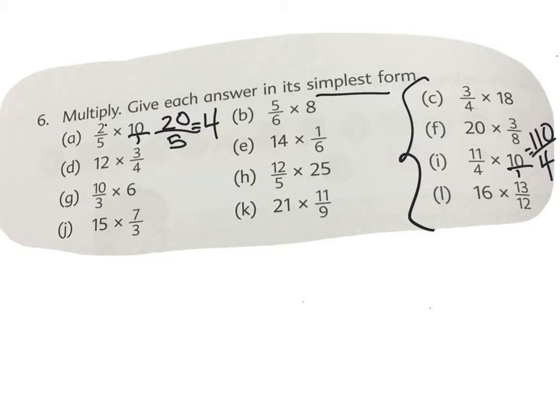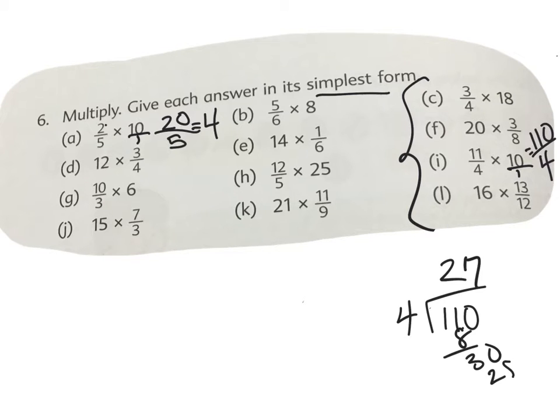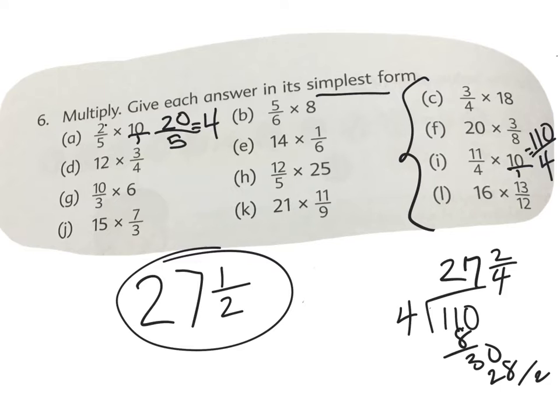So if I do 110 divided by 4, that's 27 2/4, and I can reduce that to 27 1/2.